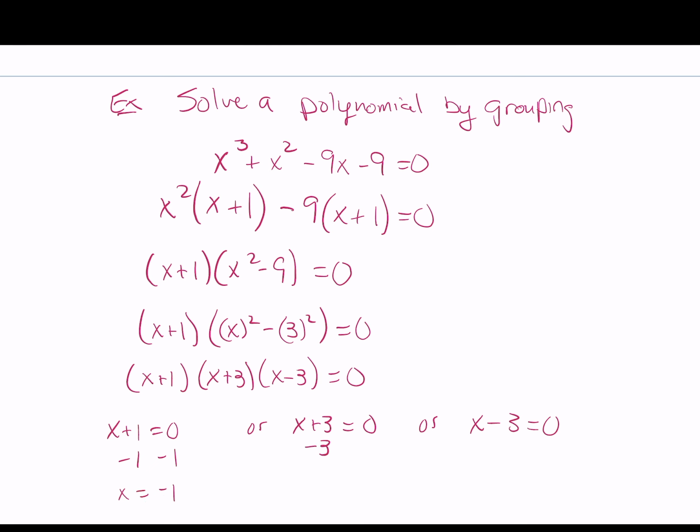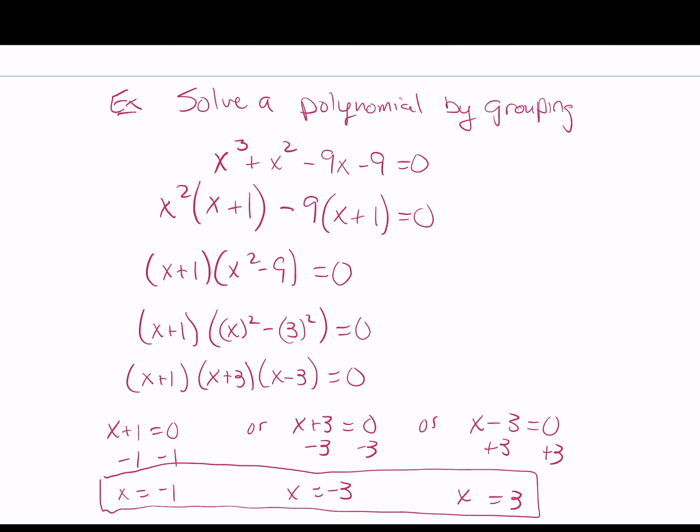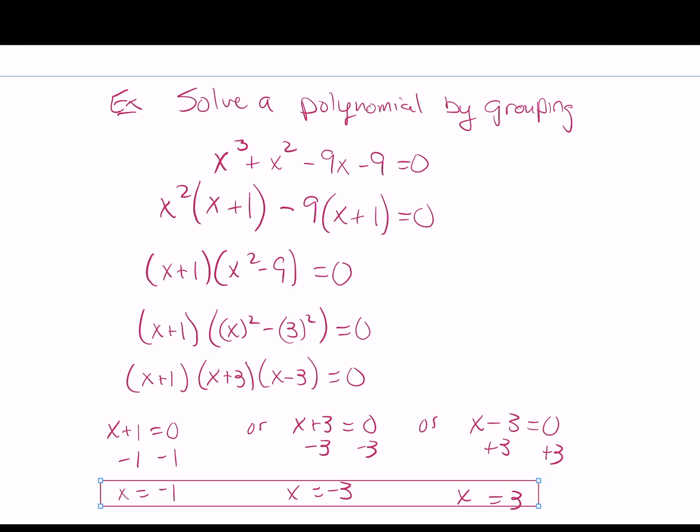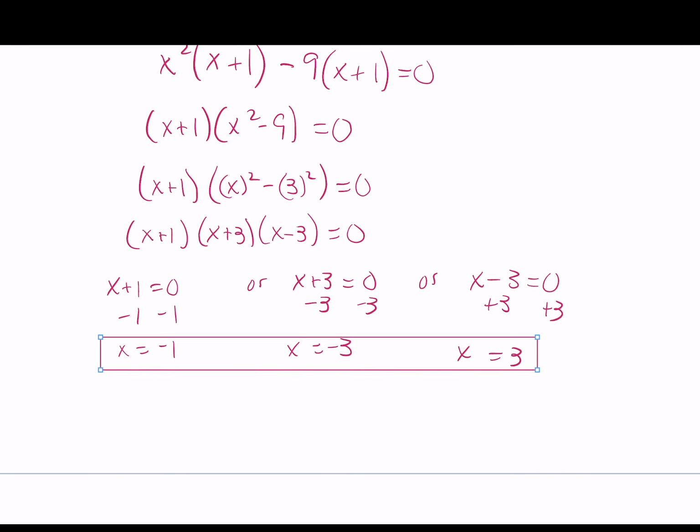We subtract 3 from both sides in the second equation, so x is equal to negative 3. And then we add 3 to both sides on the last equation to get x is equal to positive 3. So those are our 3 solutions after factoring by grouping and then factoring that difference of squares.